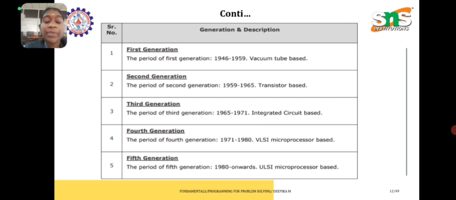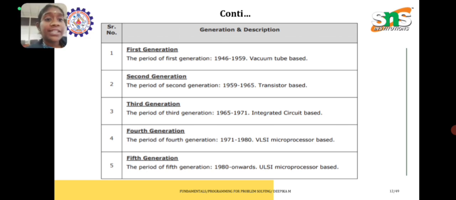The first generation is from 1946 to 1959. At that time, vacuum tube based systems were used. The second generation is from 1959 to 1965, when transistor based systems were used.